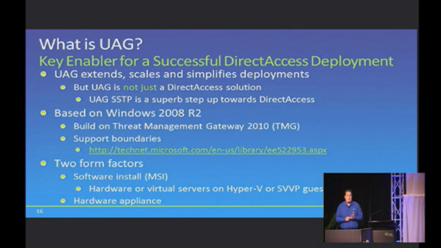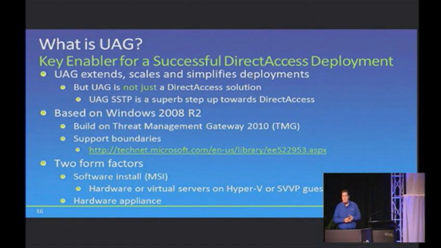Everything is based on Windows Server, so there are two ways you can buy the UAG. You can use the software version and choose whatever hardware you want to use. Maybe if you're keen on having appliances around, though nowadays most people are not, there are hardware appliances also available.